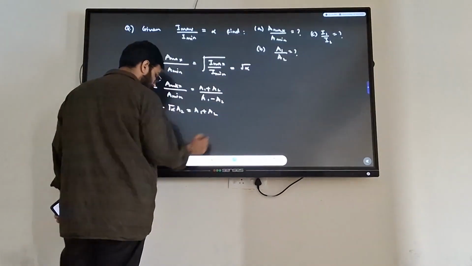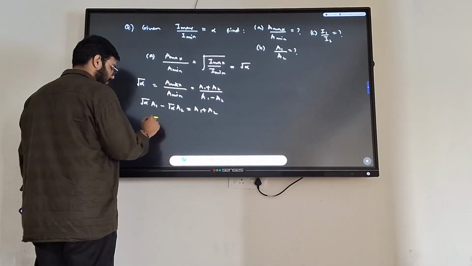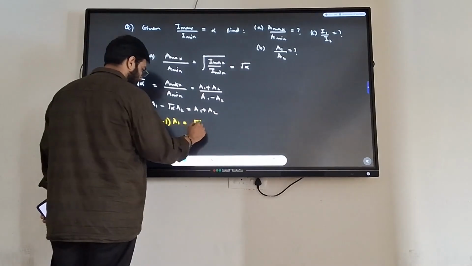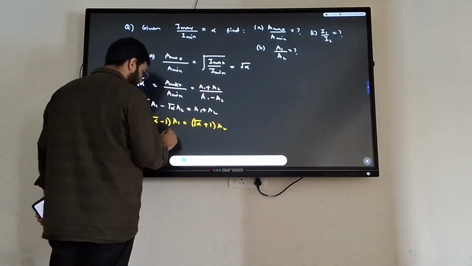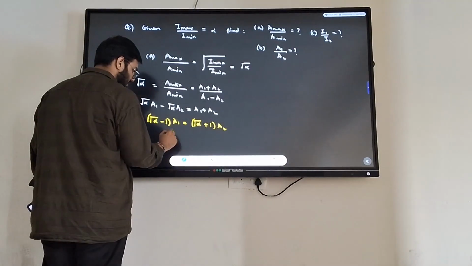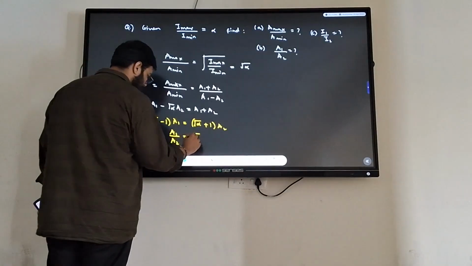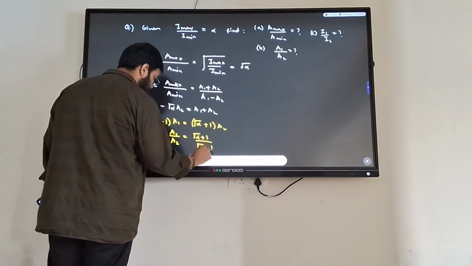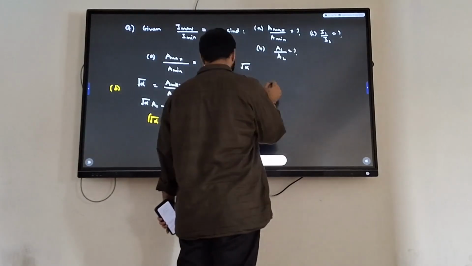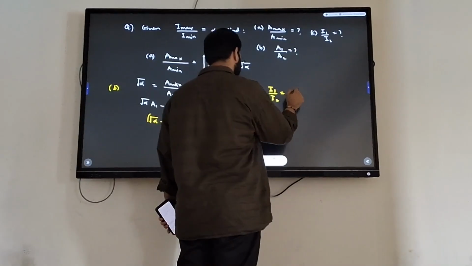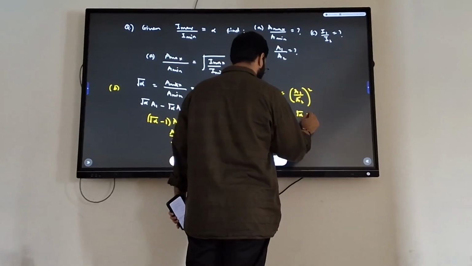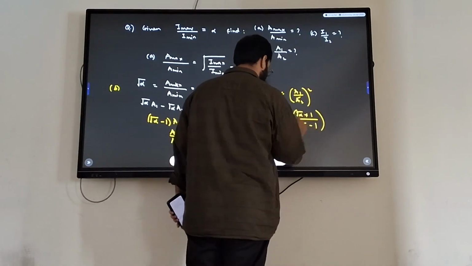From here we will get root alpha minus 1 times A1 equal to root alpha plus 1 times A2. So A1 by A2 is root alpha plus 1 by root alpha minus 1. So this is the B part. What should be the C part then? I1 by I2 is just the square of this, root alpha plus 1 by root alpha minus 1 the whole square. That is the C part.